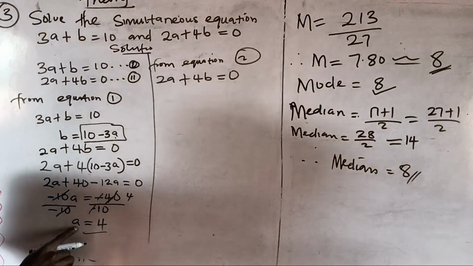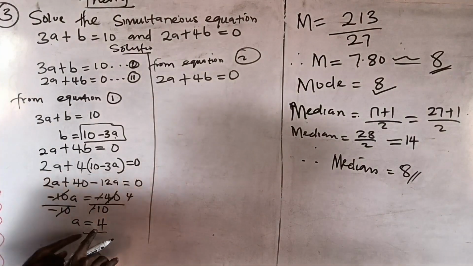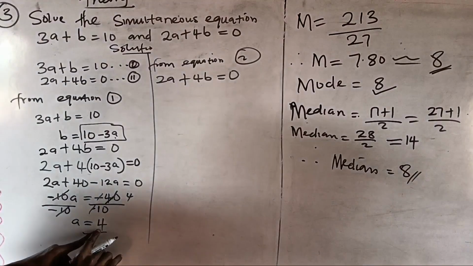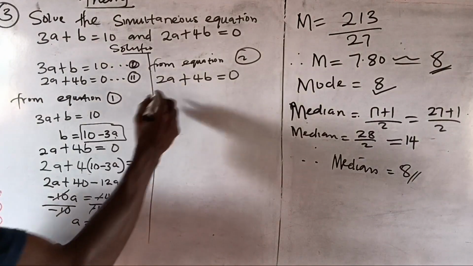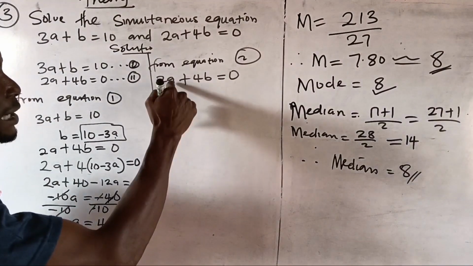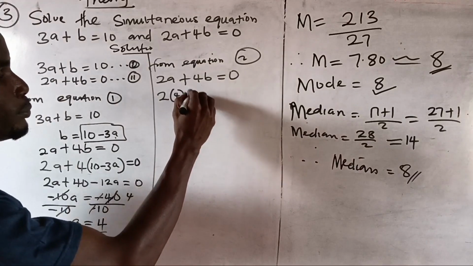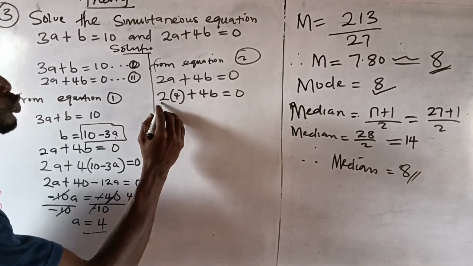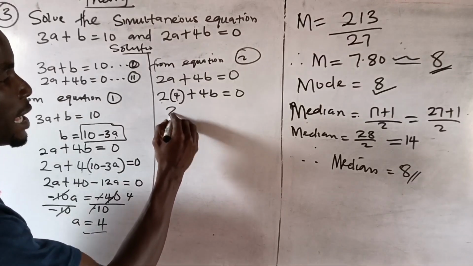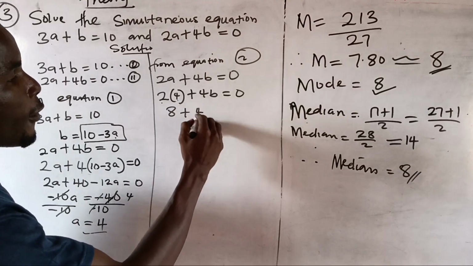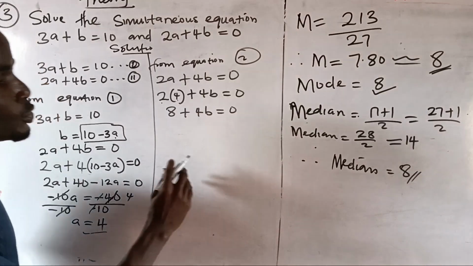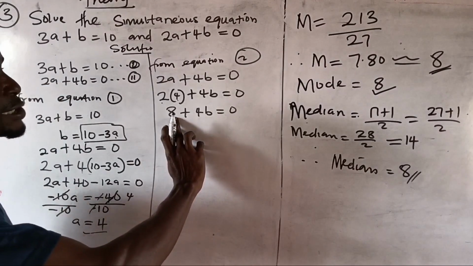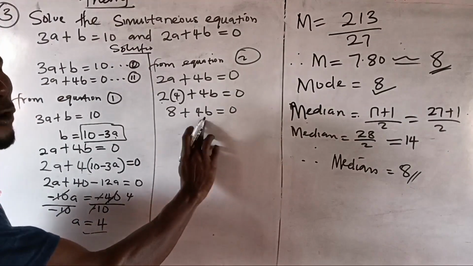Don't forget, we have already gotten a, so wherever you see a, replace it with 4. So I have 2 open bracket 4 close bracket plus 4b equals 0. 2 times 4 gives us 8, plus 4b equals 0. What do I do here? I'm taking this number to the other side so that 4b will remain.